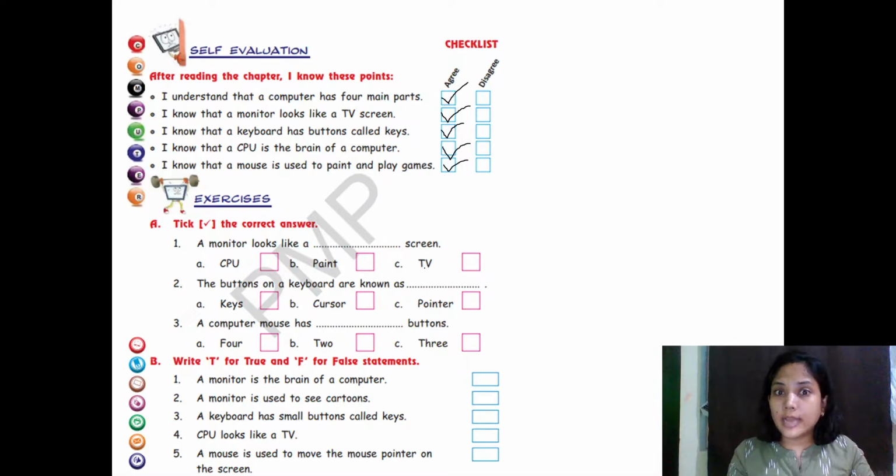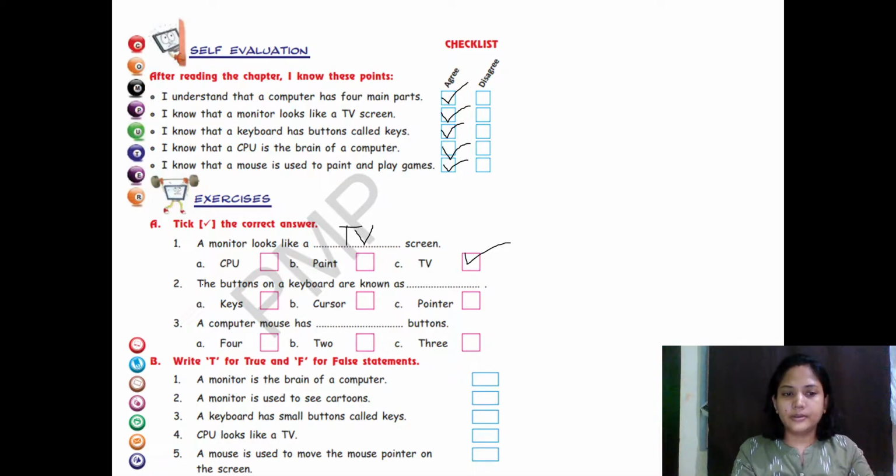Does it look like a TV screen? Yes. So I am going to tick mark the TV here and I will write here TV. Okay. So you will write here TV.